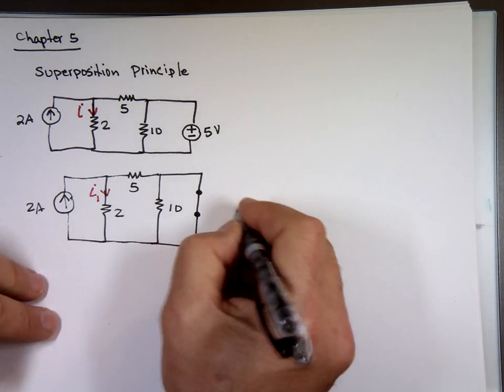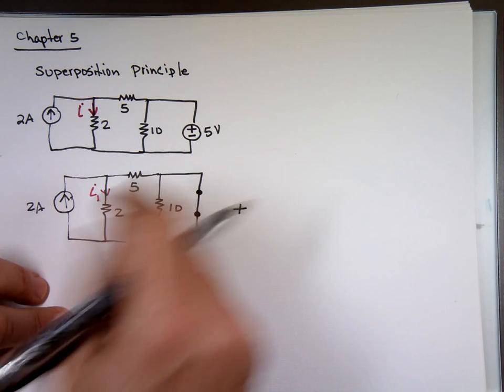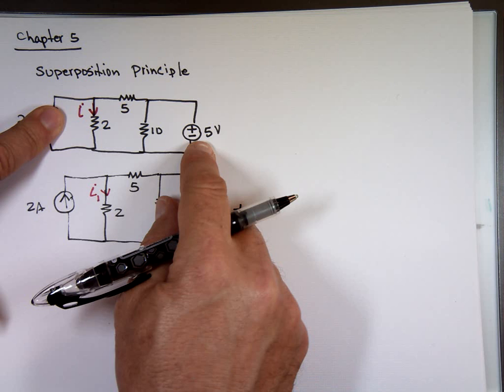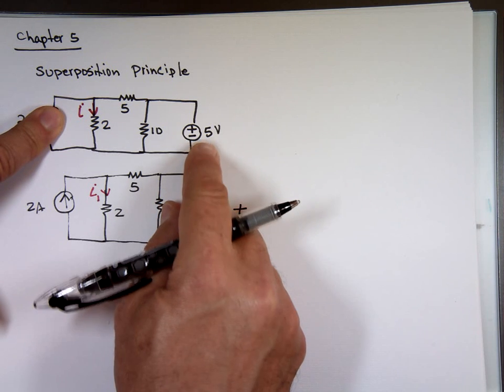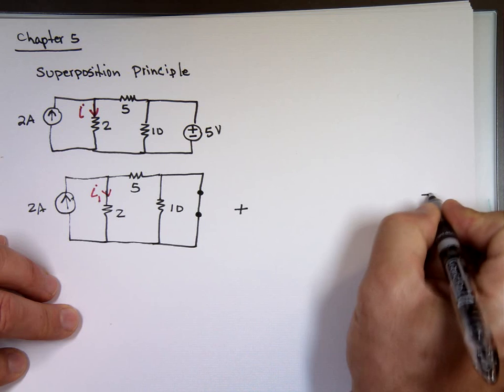Then you're going to add to it. The second part is you're going to kill this source and find the effect of that source. So let's find the effect of that source. That will look like this.